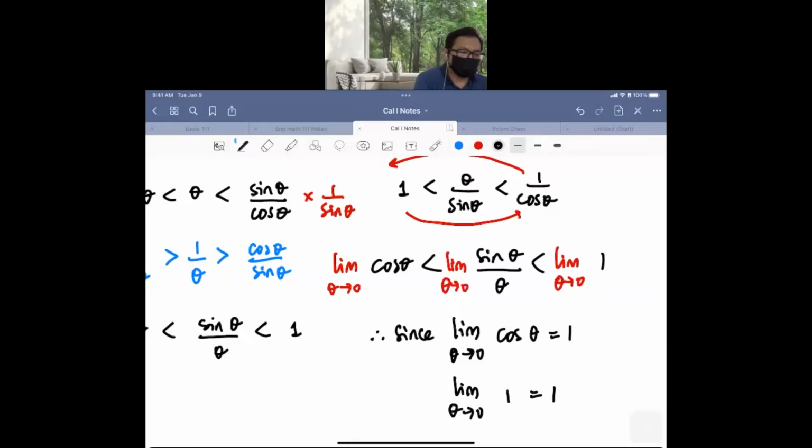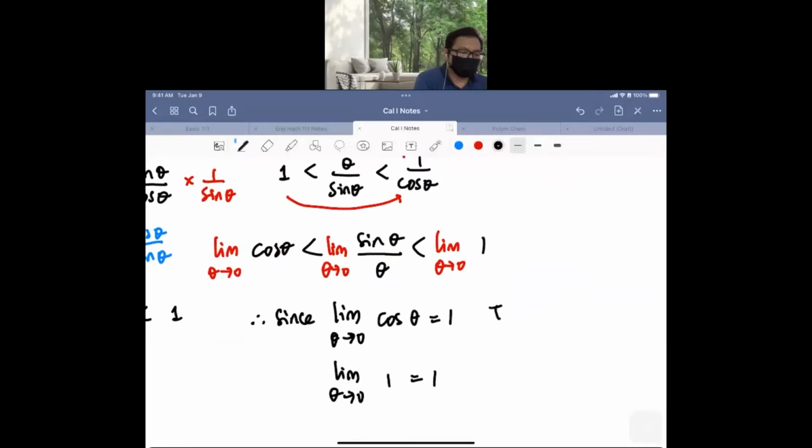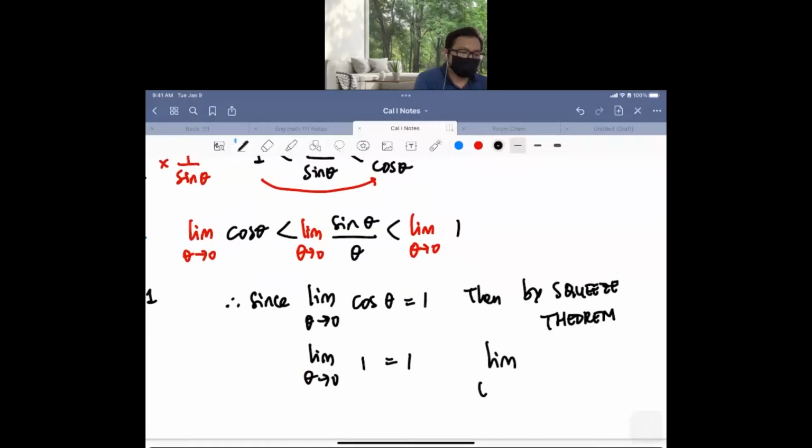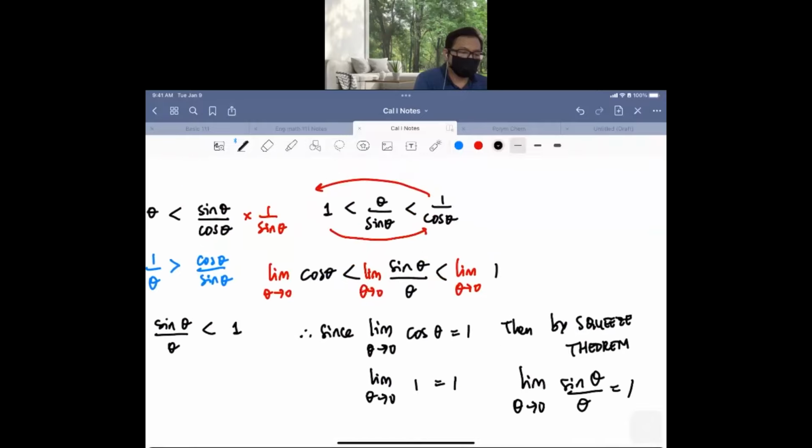This is 1, and this is also 1. Then by the squeeze theorem, how many times do we have left? Okay. The limit is also 1.